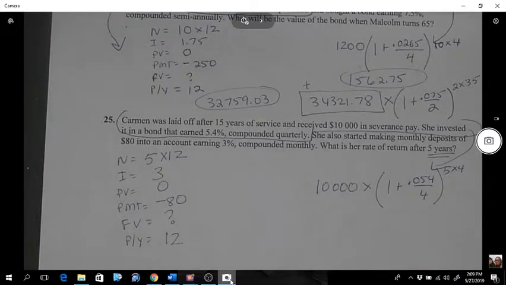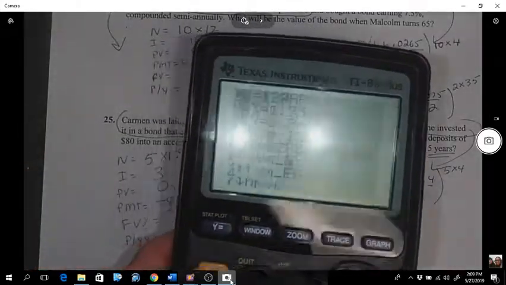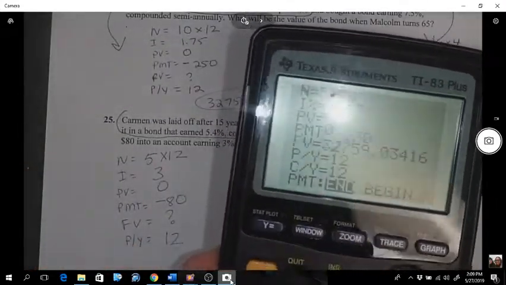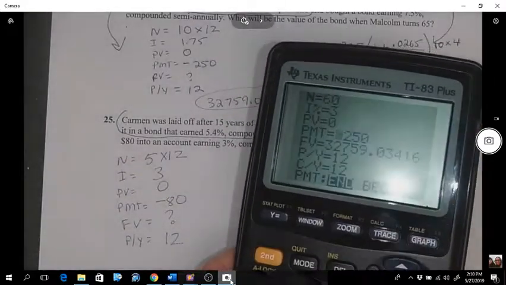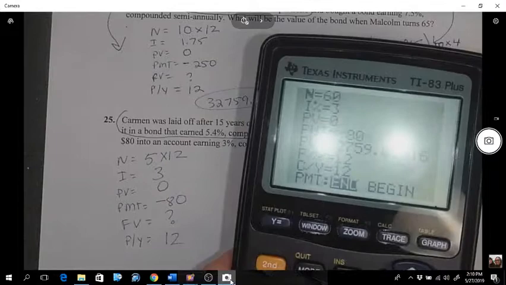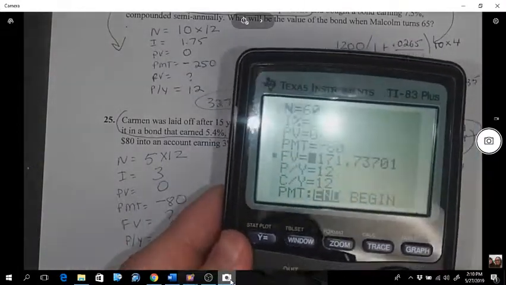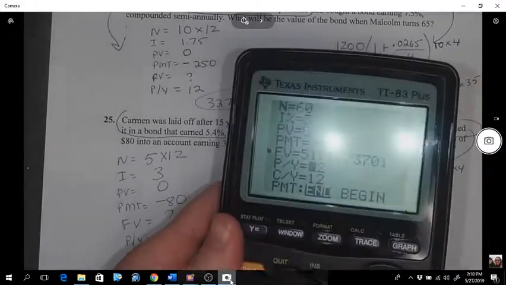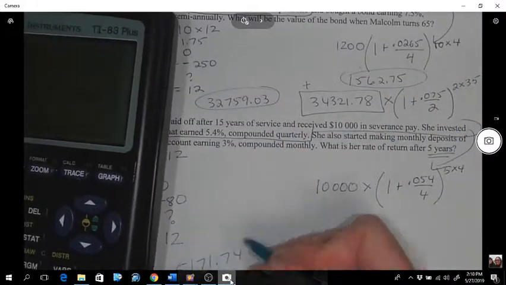So I'll go into my apps: 5 times 12, an interest rate of 3, 0, negative 80, and 12. The future value is 5,171.74.